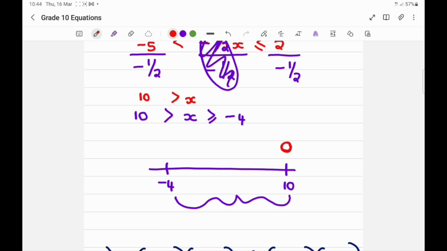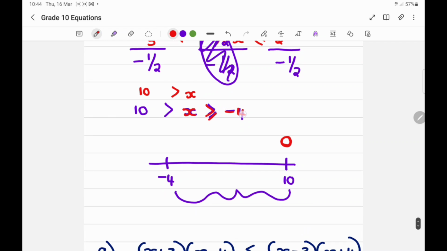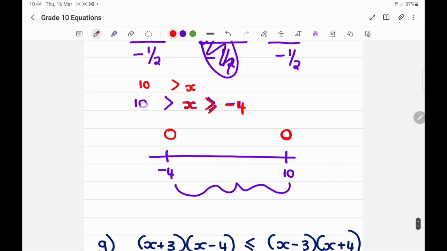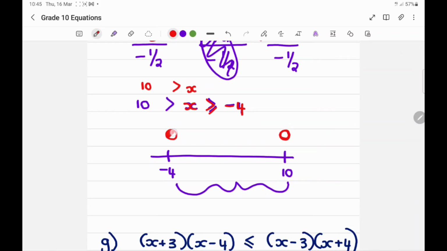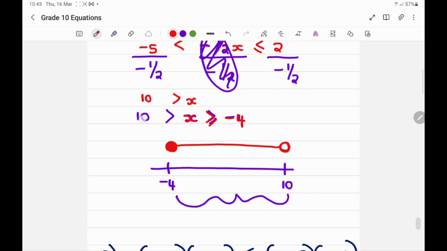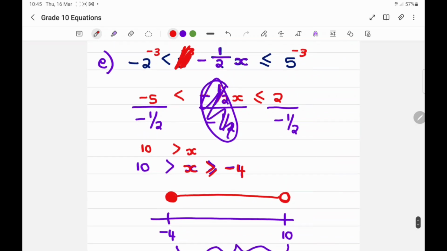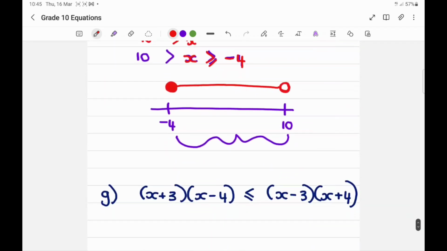It's not inclusive of 10. But x is bigger than or equal to negative 4. So at negative 4, I'm going to make another dot, and I'm going to color it in because it's inclusive. And then it goes all the way from that dot to that dot. And there's your answer represented also on a number line.